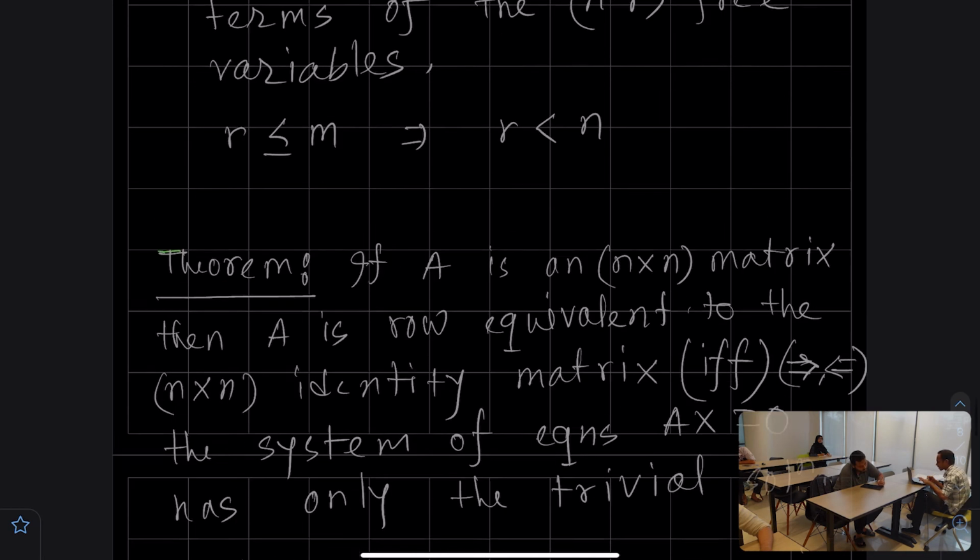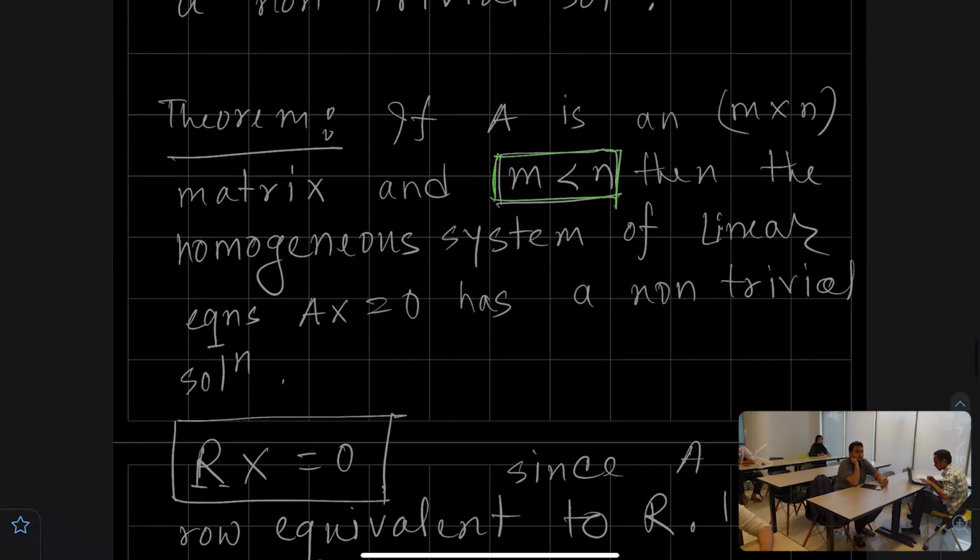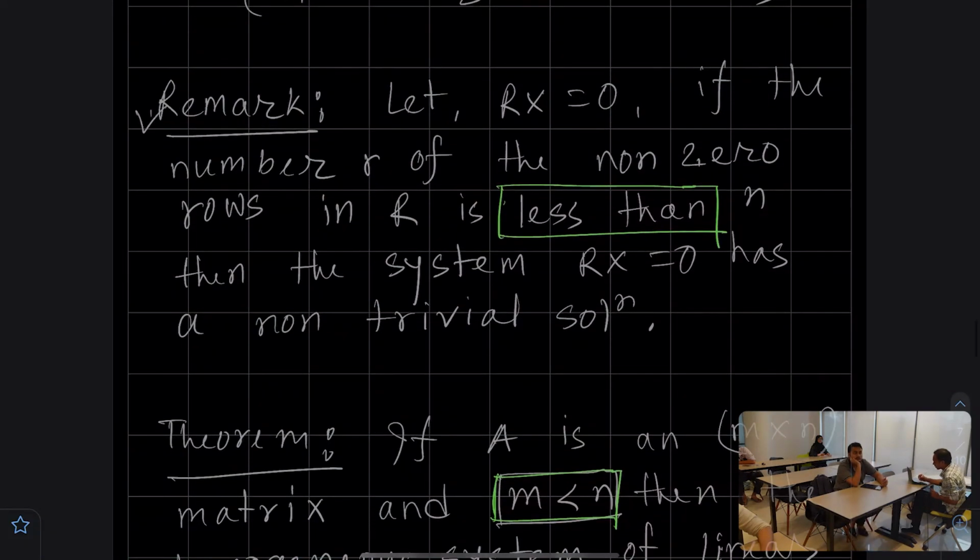So the previous remark is saying that if r is less than n, then the system Rx equal to 0 has a non-trivial solution.